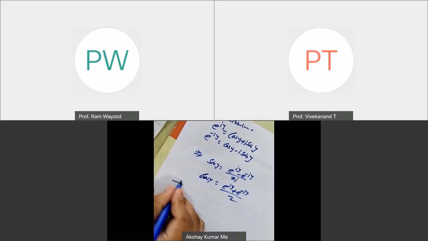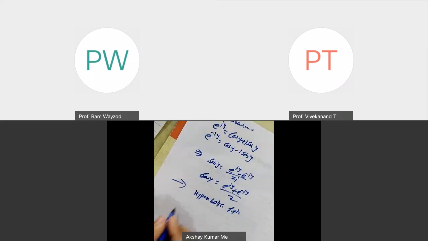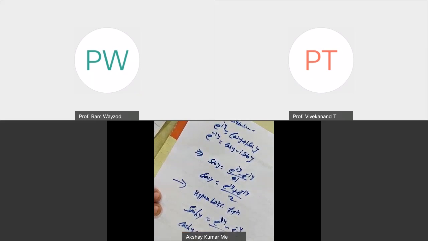Now, these are circular functions. Now we define the hyperbolic functions. Sinh y is equal to (e to the power y minus e to the power minus y) upon 2, and cosh y is equal to (e to the power y plus e to the power minus y) upon 2.